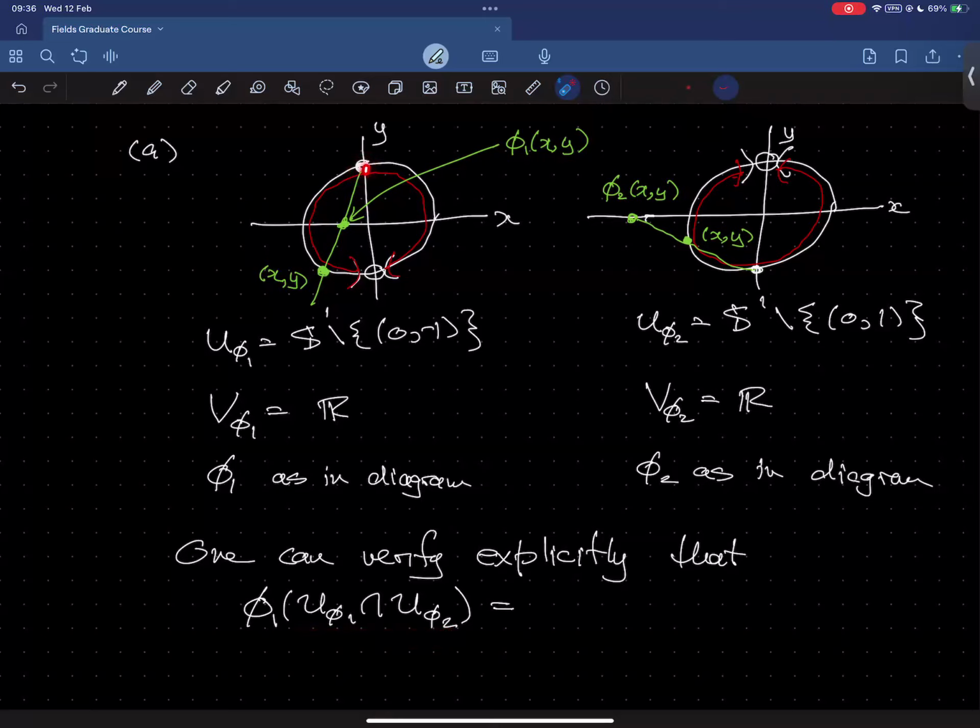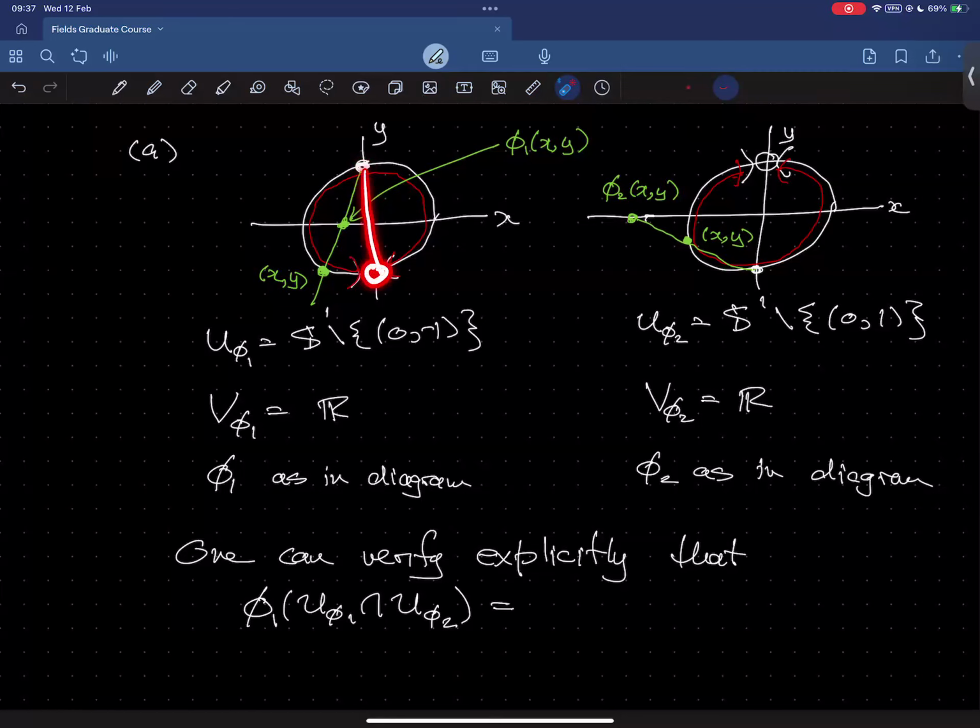By the process here, I take a line from here down to this point, which is omitted.